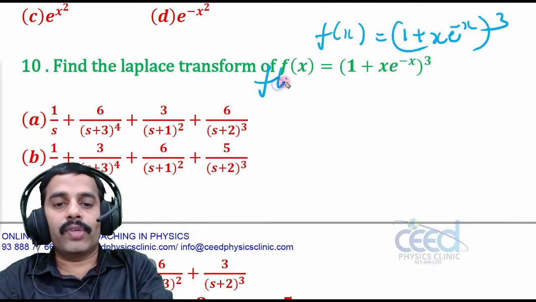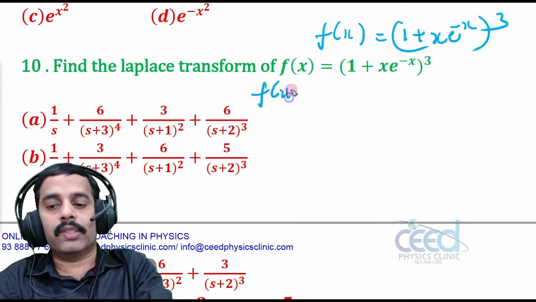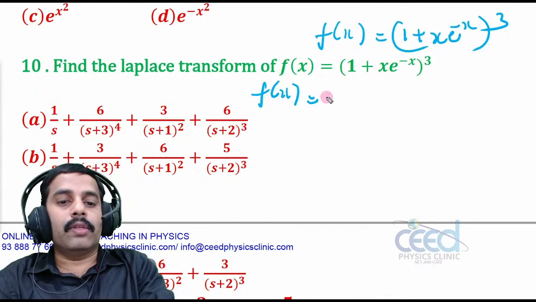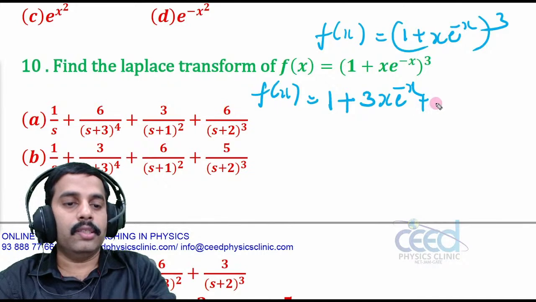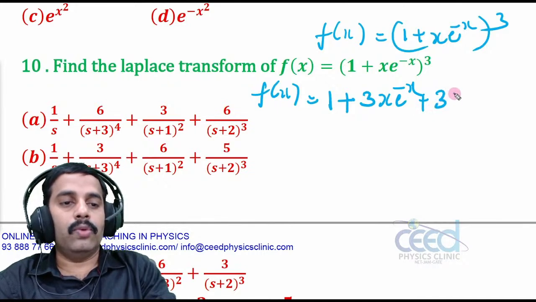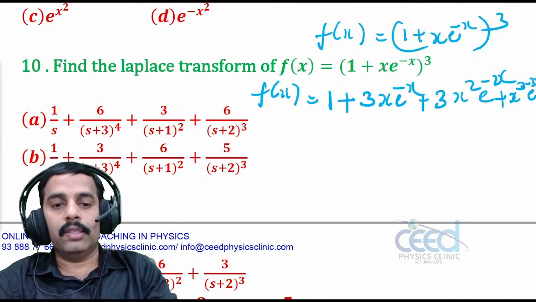So let me write it down. f of x is equal to a cube plus 3a square b x e raised to minus x plus 3b square a, that is 3 into x square e raised to minus 2x, plus b cube, that is x cube e raised to minus 3x. So these will be the terms, right?